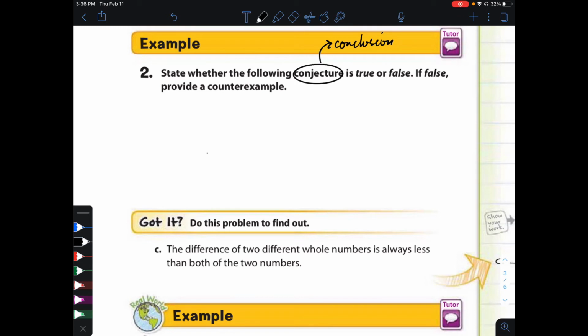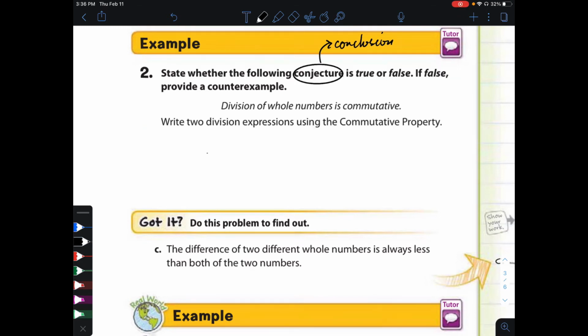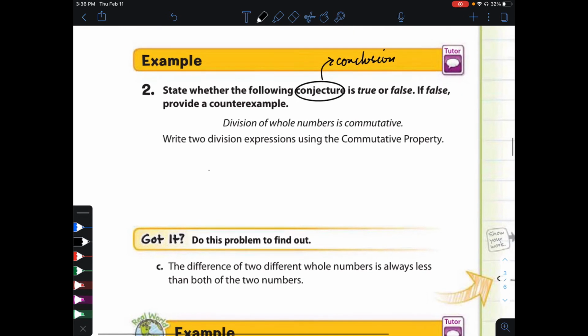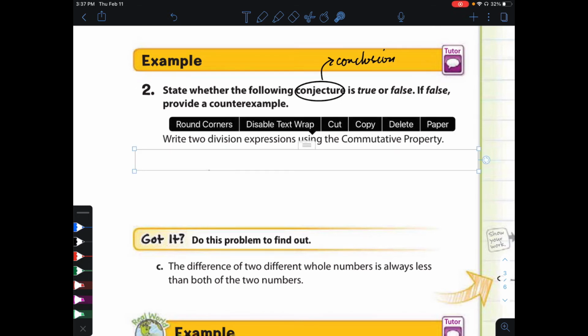Okay, let's see how we are going to work it out. In this example, the statement is: division of whole numbers is commutative. Write two division expressions using the commutative property. Basically we are asking, if you use division instead of multiplication or addition, is this true? Will it work? So let's take an example.